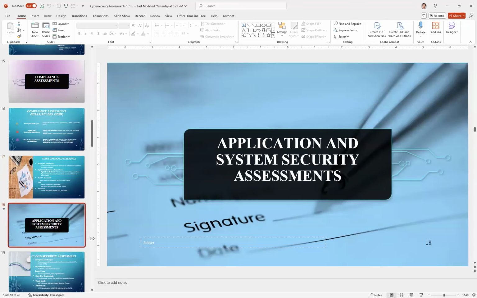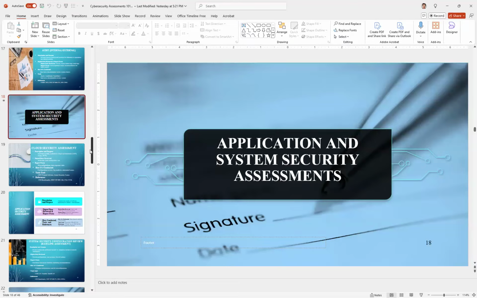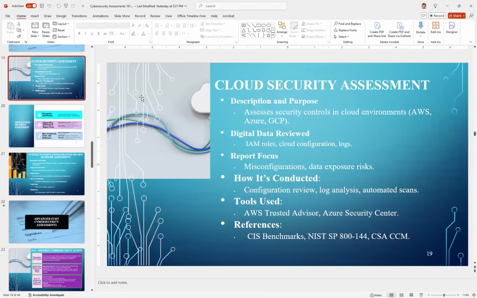Moving on to application and system security assessments, we're going to cloud security, and that description and purpose includes assessing security controls in cloud environments like AWS, Azure, GCP, and I'm sure there are others. The digital data you review are the IAM roles, the cloud configuration and the logs.